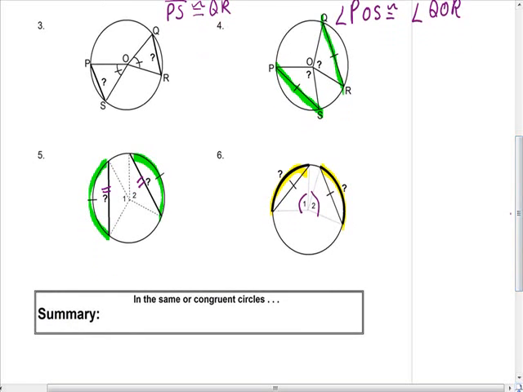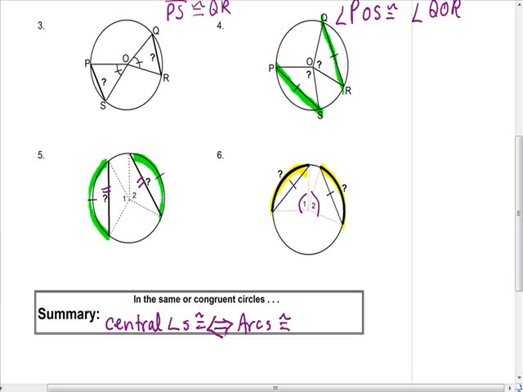So what we're going to do is make one rule. Within the same or congruent circles, if you have congruent central angles, that will lead to arcs congruent. But arcs congruent could also lead to central angles congruent, so I'm just going to draw an arrow that way too.